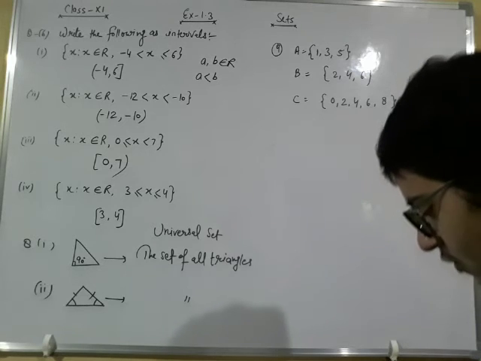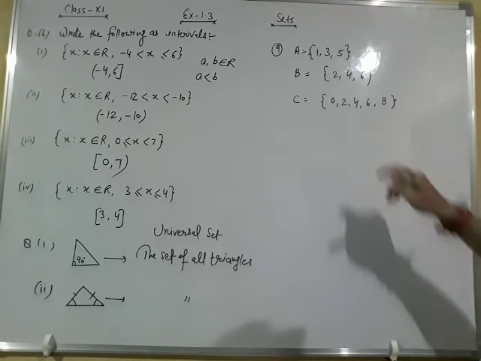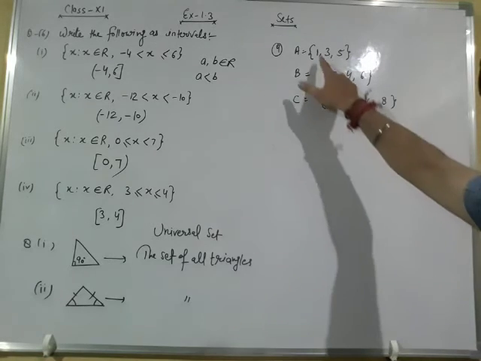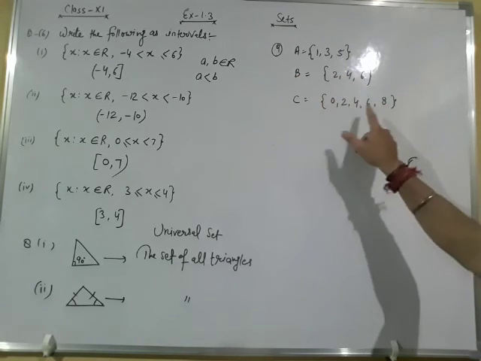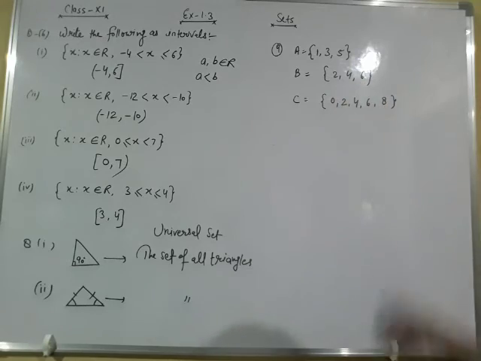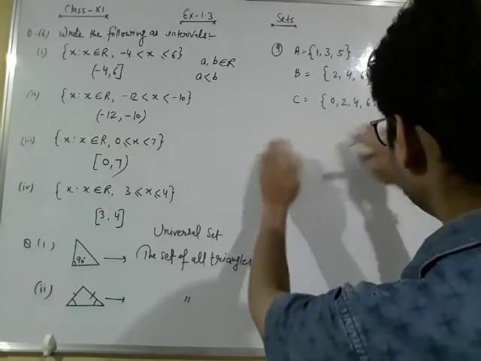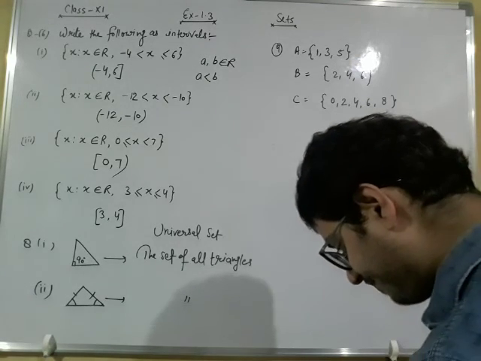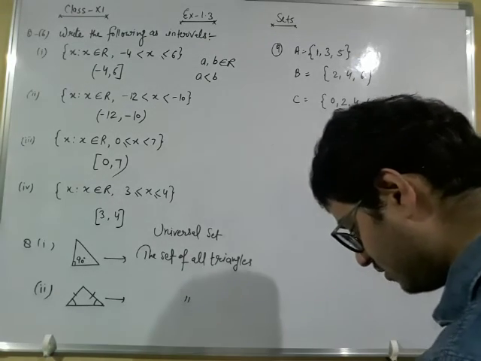So out of these 4 options, I think that set should contain all such values: 0, 1, 2, 3, 4, 5, 6, 7 and 8. So the set which contains all the values from 0 to 8 will be the universal set, and this is the third option.